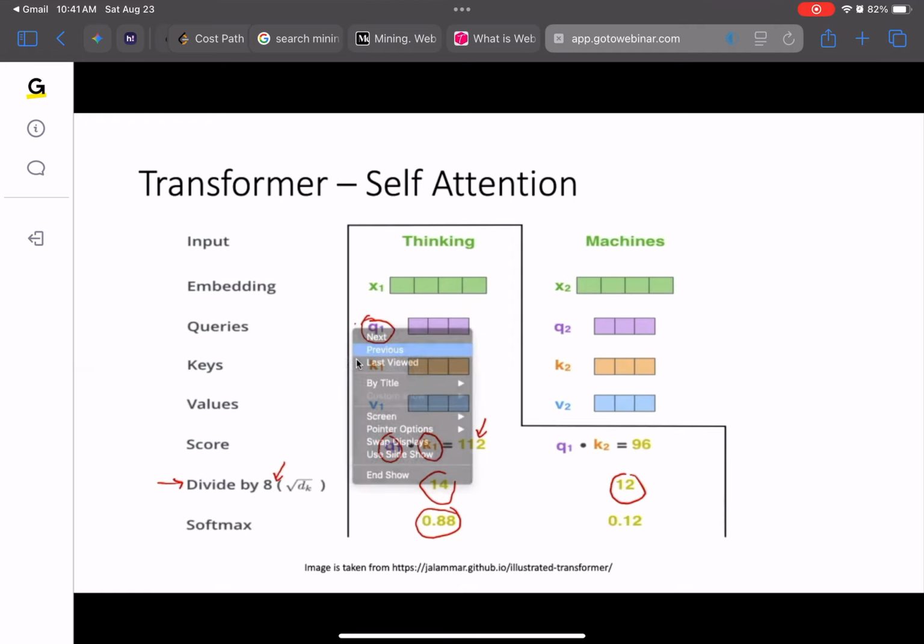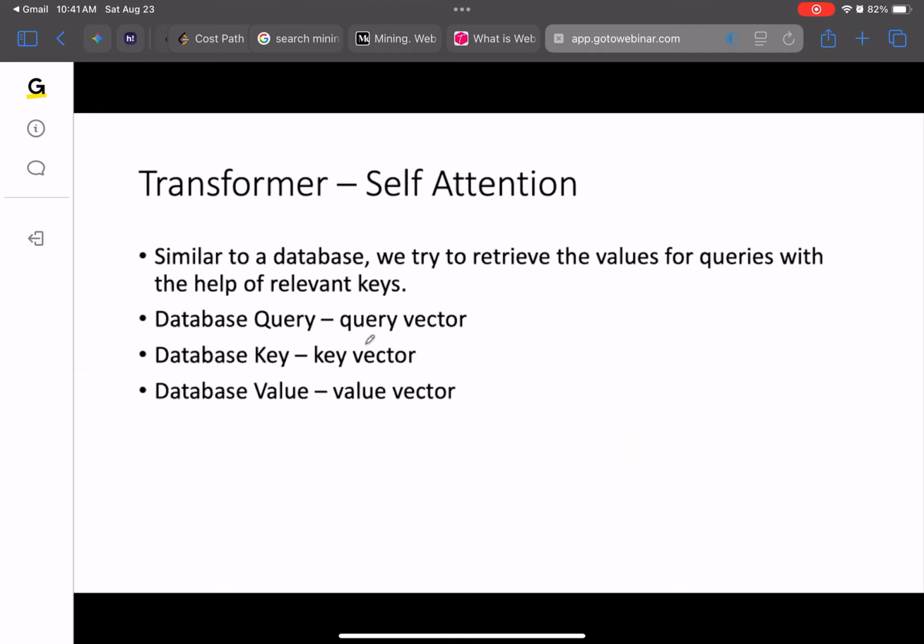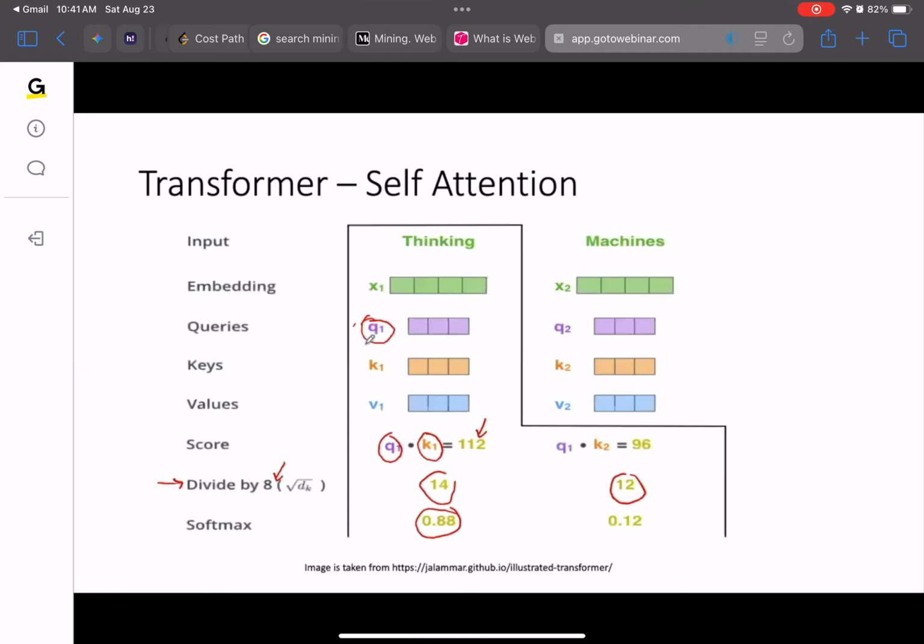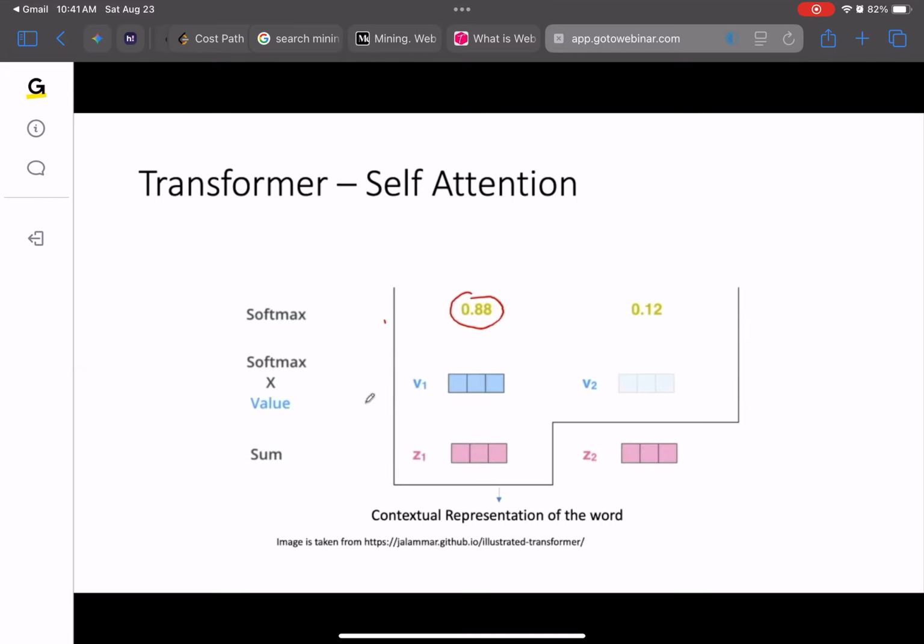The value vectors that are present here, we do a scalar product of each value vector with the score. So 0.88 is multiplied with this, and similarly 0.12 is multiplied with the second value vector. Once we multiply all of them, we add them up.